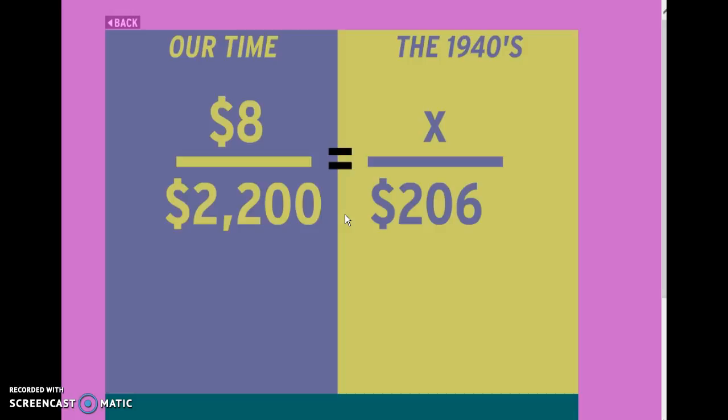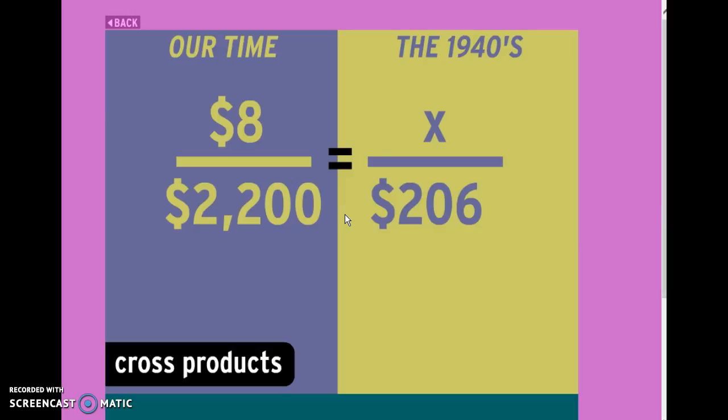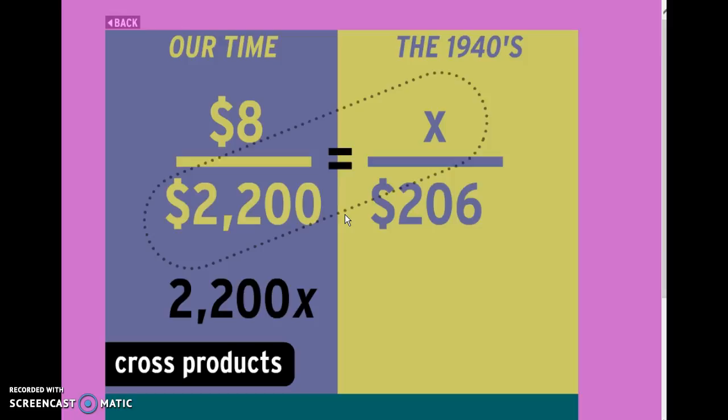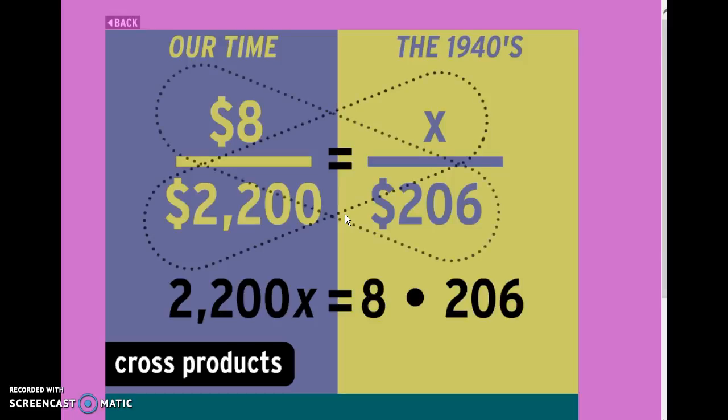Just looking at that proportion, I guess that X is something close to $1. But we'll solve for X anyway by checking cross products. In our proportion, 2,200 times X is equal to 8 times 206. 8 times 206 equals 1,648.